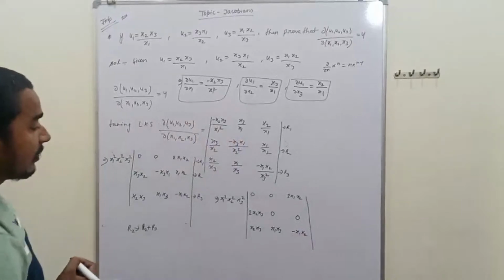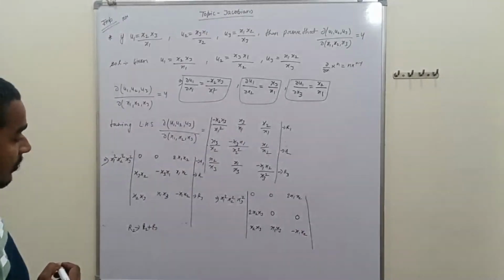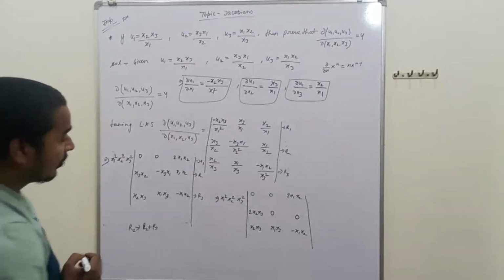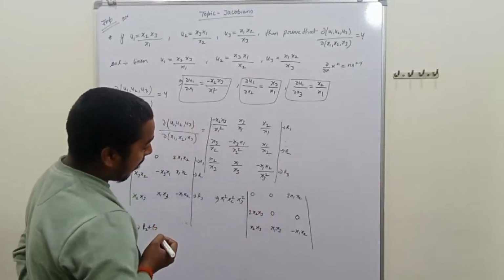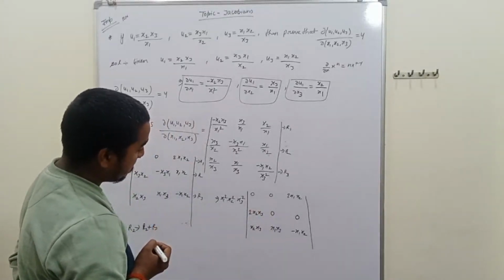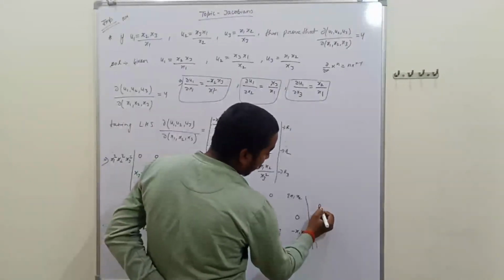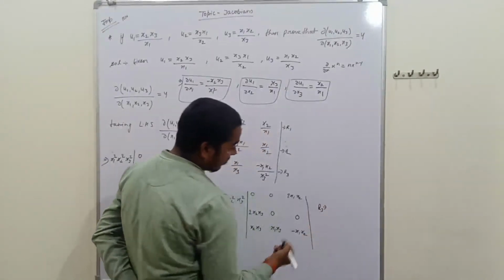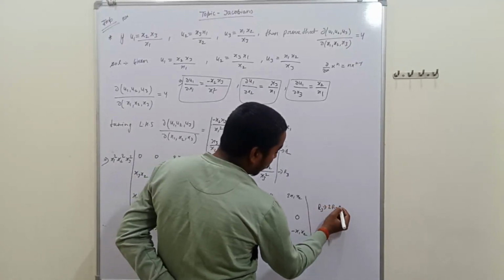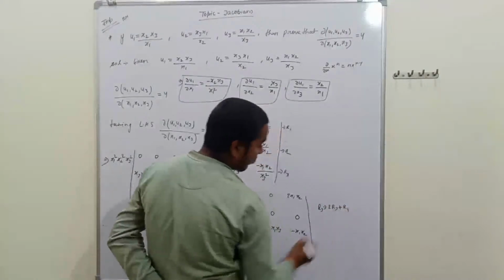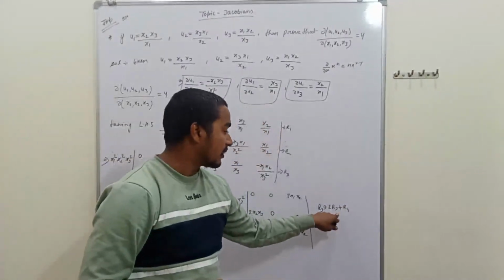Further we have to take an operation once again, that is r3 replacing 2 times r3 plus r1.